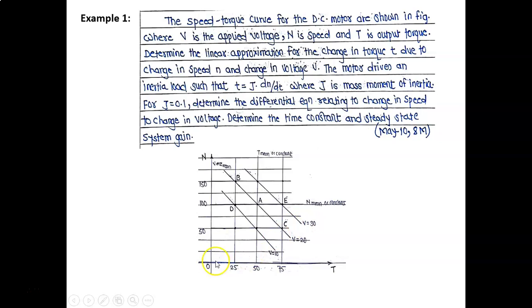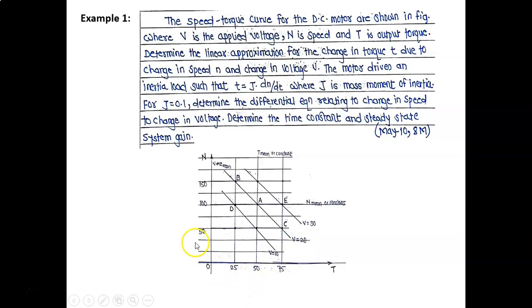In the diagram, the vertical line, torque at 50 Newton meter, we have to take as mean or constant torque. Similarly, N is equal to 100, this horizontal line, we have to take as mean or constant speed. Similarly, the middle voltage line, V is equal to 20, we have to take as constant or mean voltage.